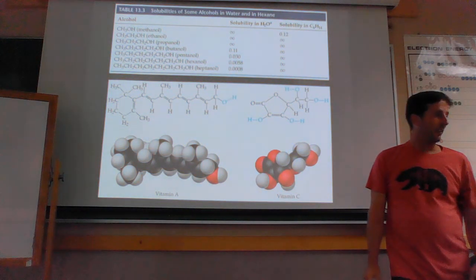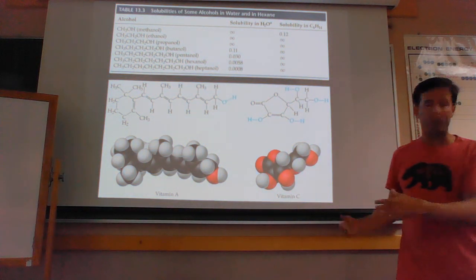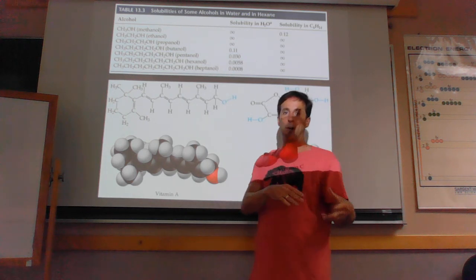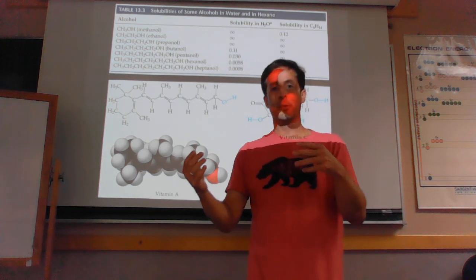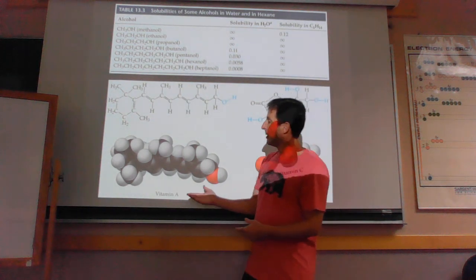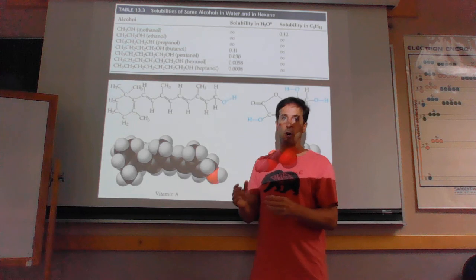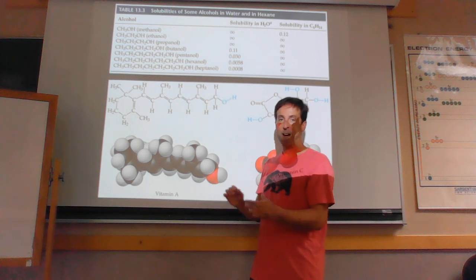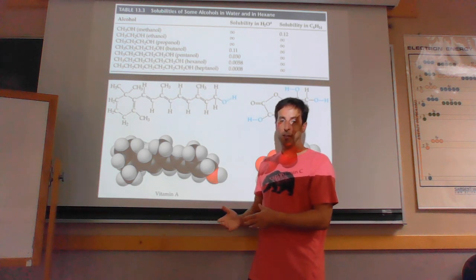And then that brings us to vitamin A. Again, if you're going into biology, pharmaceuticals, medical applications, stuff like that, some vitamins are called water soluble and some vitamins are called fat soluble. So vitamin A is a fat soluble vitamin. How do we know that?